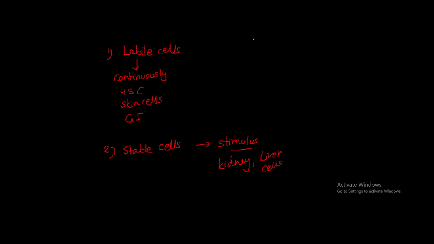Then there are certain cells which do not divide at all. They are known as the permanent cells, or you can say the amitotic cells. They do not divide. For example, your brain cells.